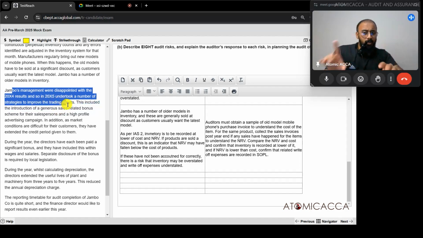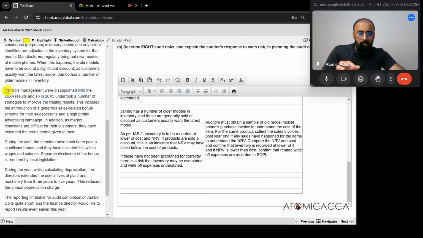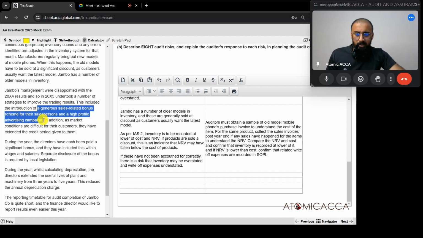We understood there are two risks, but we'll take one from that paragraph now, then move to the next one. The one we'll take is related to the generous sales bonus. The company introduced a generous sales related bonus scheme for the salespersons and a high profile advertising campaign.